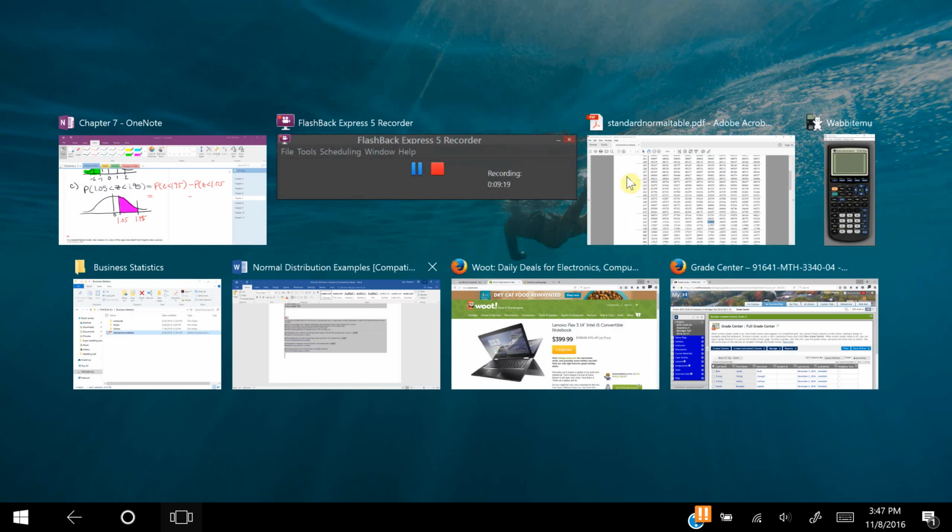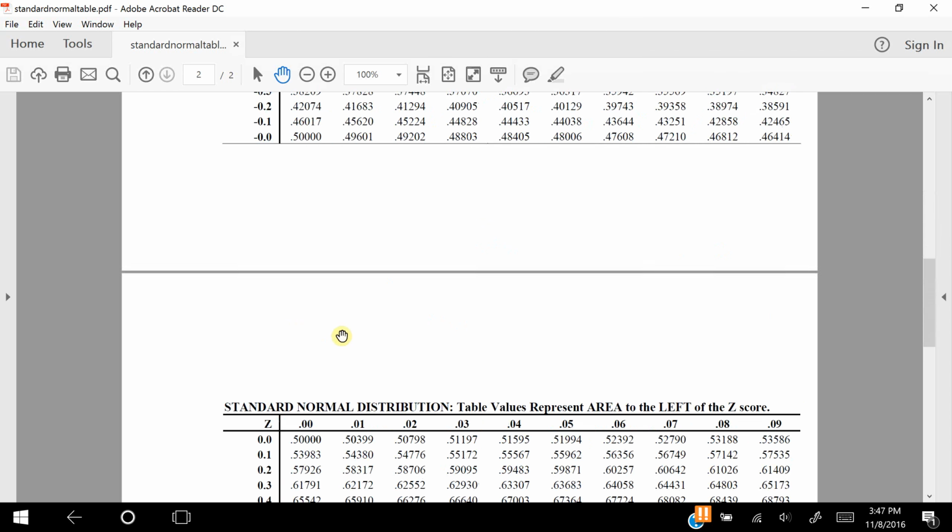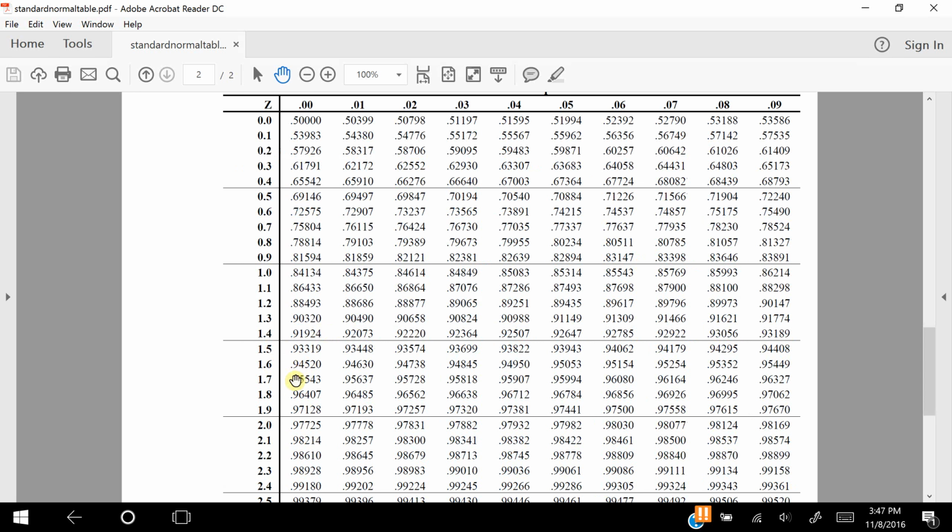So let's pull up our table again. Now I got to go to the positive side. 1.95, 0, 1, 2, 3, 4, 5. There is my first probability, the larger one, which is very large, so that makes sense. And it's 0.97441. And I'm going to subtract from it 1.05. So there's 1.0. 0, 1, 2, 3, 4, 5.